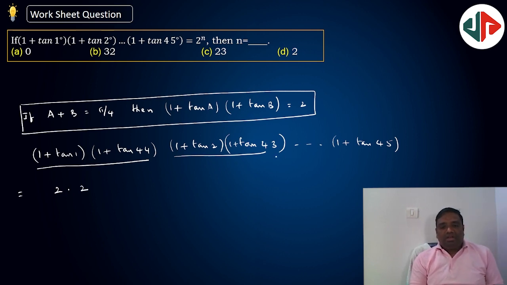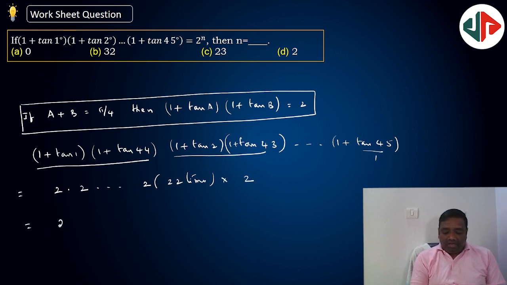So what is the last value that will exist? 1 plus tan 23 into 1 plus tan 22. So totally how many values will exist here? 22 times values will exist. And here tan 45 means 1 only into 2. So finally 2 power 22 into 2 means 2 power 23.